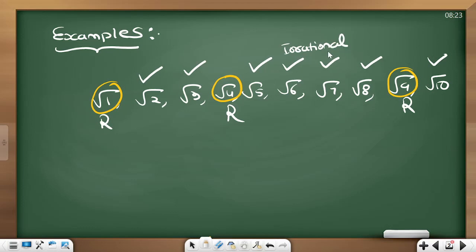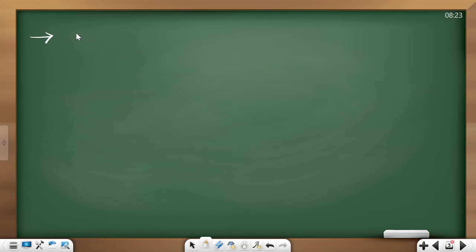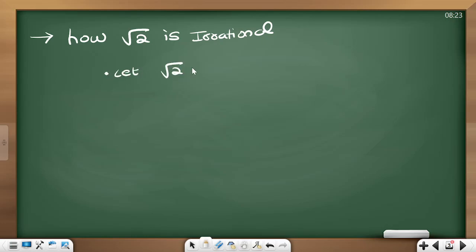Also in last class, we have seen how root 2 is irrational. Just 1-2 minutes I will repeat the procedure. Let root 2 be equal to P by Q. Imagine that it is rational, and then we square it on both sides.